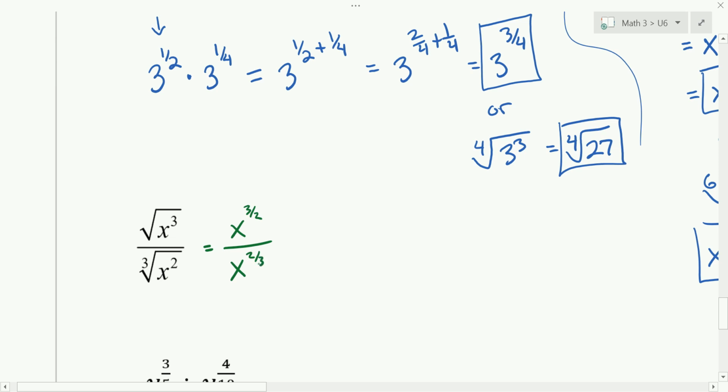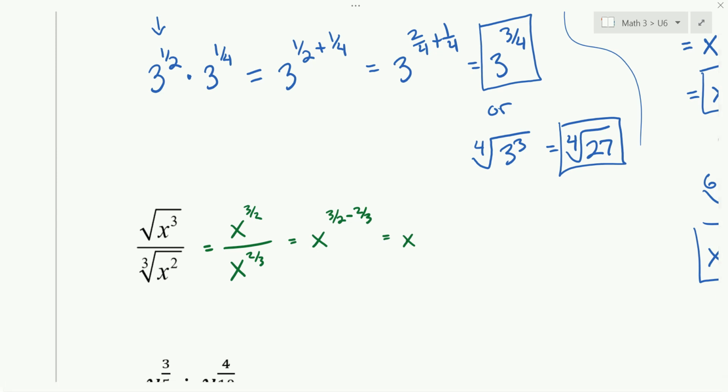And that rule we just went over says, hey, if the bases match and you're dividing, then you keep the base the same and you subtract the exponents. You have to use the numerator exponent minus the denominator exponent. So 3/2 minus 2/3. Got to get that common denominator, which will be 6 in this case.